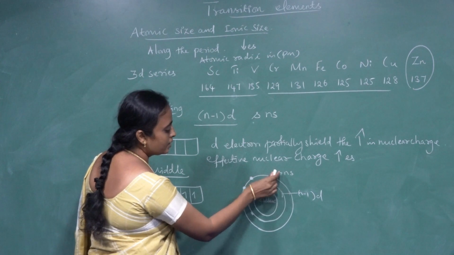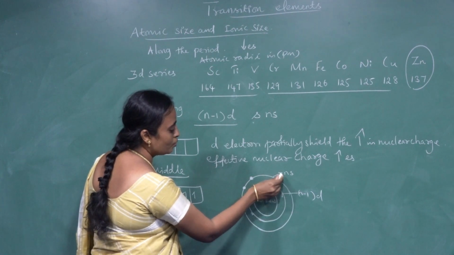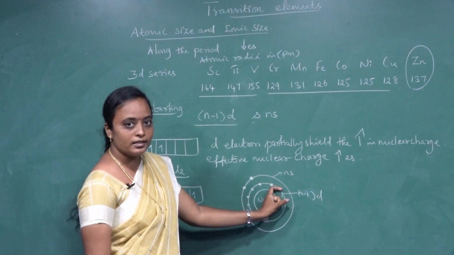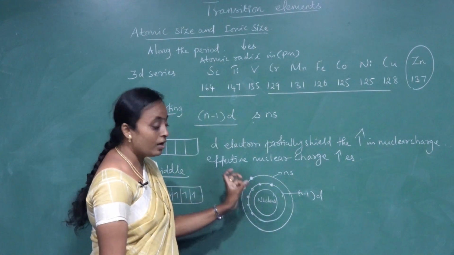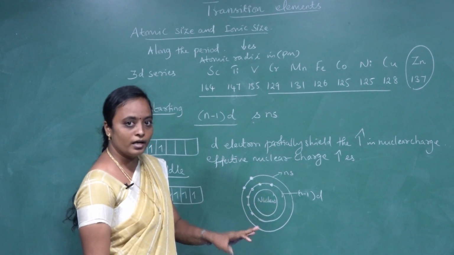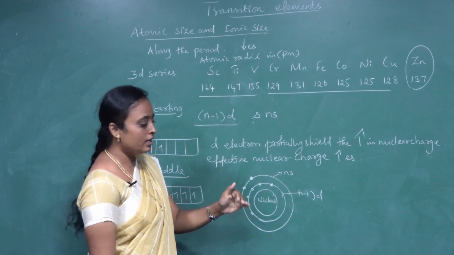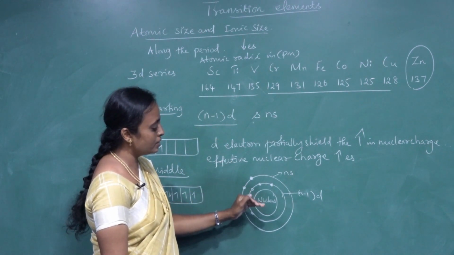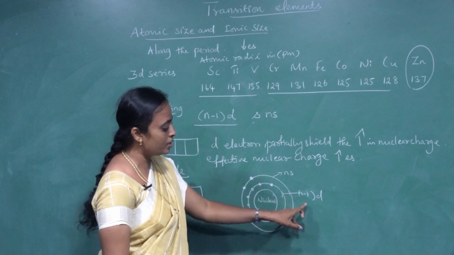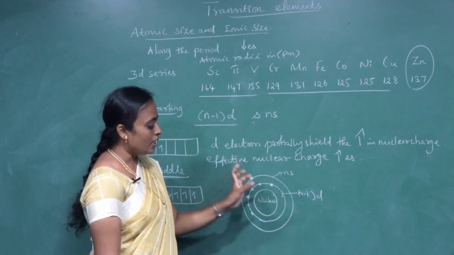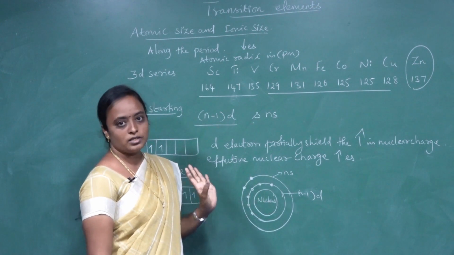So here there is a repulsion between these 2 orbitals, and this is one repulsive force acting here. And one more thing, in addition to that, we are increasing the nuclear charge by 1. So as pairing starts, there will be repulsive forces acting between the n-1d and the ns orbital. At the same time, we are increasing the nuclear charge also.